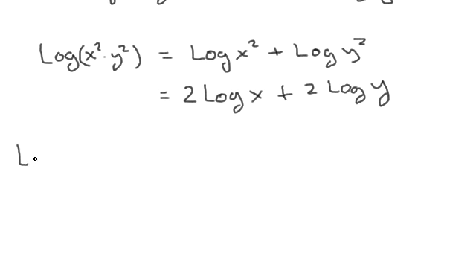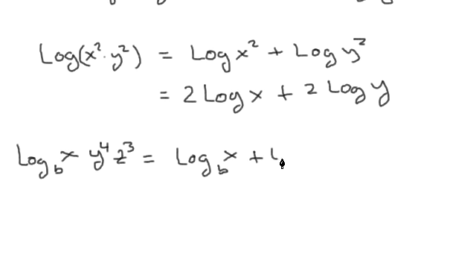Alright, what about if I had log base b of x, y to the 4th, and z to the 3rd? Let's expand this: log base b of x plus log base b of y to the 4th plus log base b of z to the 3rd.